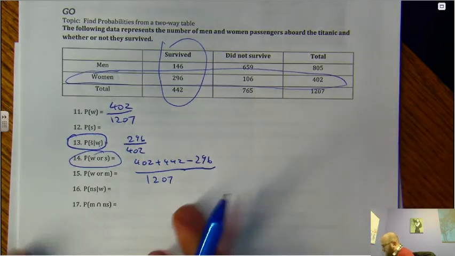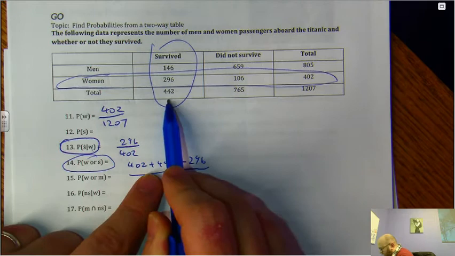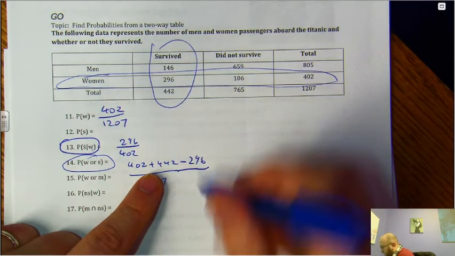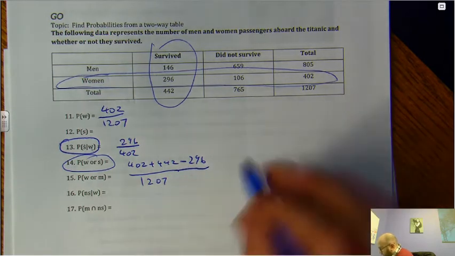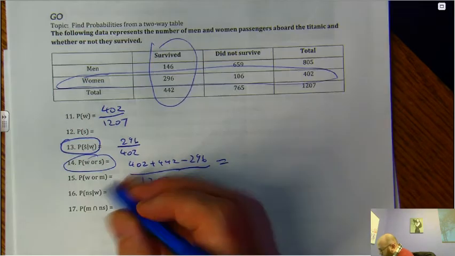So that's the probability of all the women plus the probability of all the survivors, but we double counted this 296, you can see because I circled it twice, so we need to subtract it. Now just simplify that, and so on and so forth.